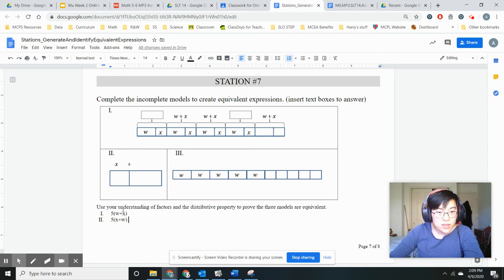Even though these are pretty much exactly the same, technically this model is showing this, but they equal the same thing. And then the last one, it's W plus W plus W 2 times more.